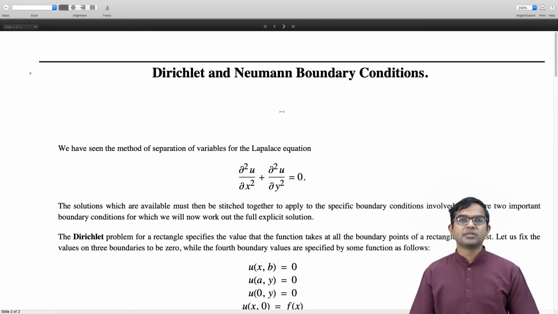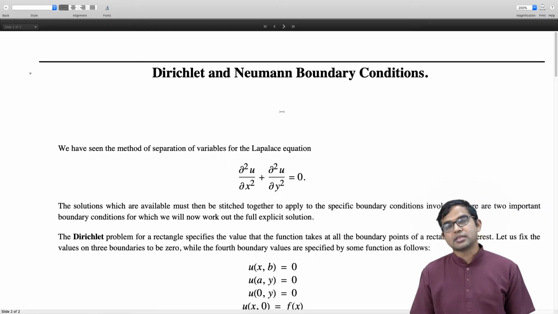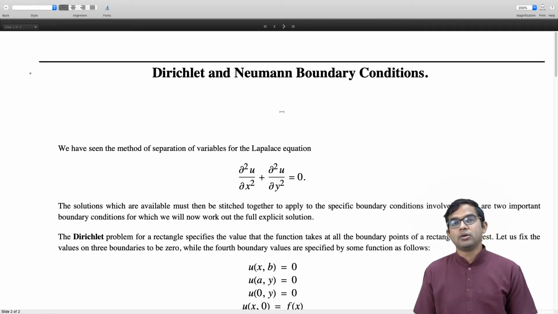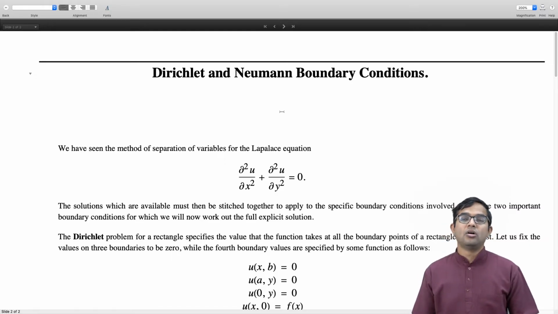Okay, so the Laplace equation is del squared u equal to 0. So we have dou squared u by dou x squared plus dou squared u by dou y squared equal to 0 in Cartesian coordinates with two variables. We have seen how to write u of x comma y as some X of x times Y of y, and then work out the ODEs connected to capital X of x and capital Y of y, and how we may get sines in one of these variables and exponentials in the other, or vice versa.